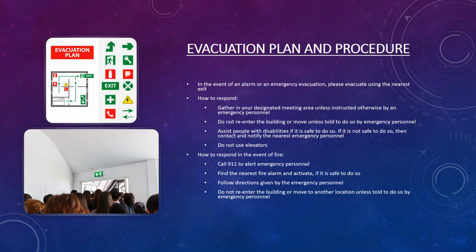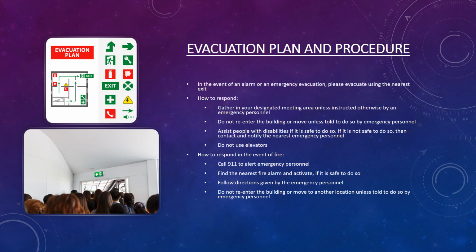Evacuation plan and procedure. How to respond in the event of an alarm or an emergency evacuation: evacuate using the nearest exit. Gather in your designated meeting area unless instructed otherwise by emergency personnel.